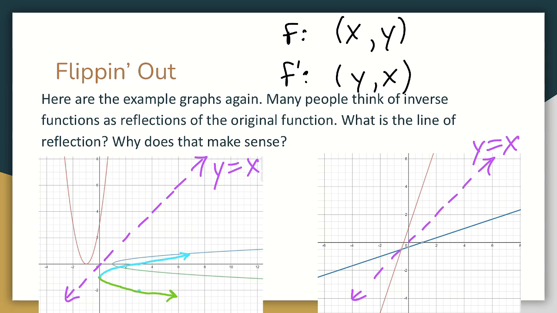So x must equal y, and y must equal x when we think about just a function and its inverse. So the line y equals x is the line that reflects one across to the other.